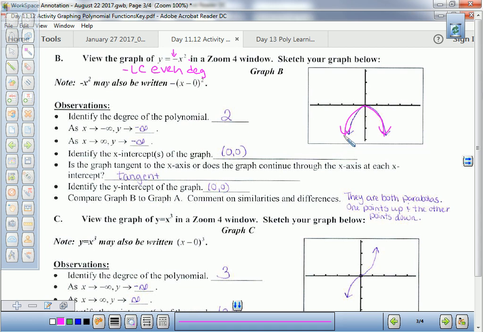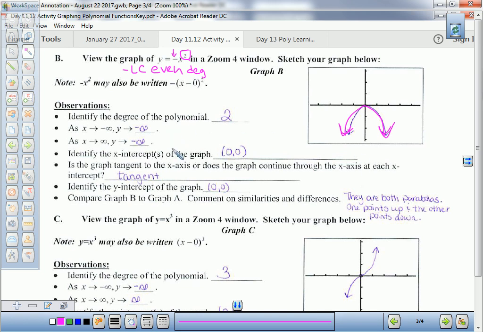The function goes down. As x approaches positive infinity, y also approaches negative infinity on this side. It falls to the left, it falls to the right. So, when we have an even degree function with a negative leading coefficient, the ends fall, fall.